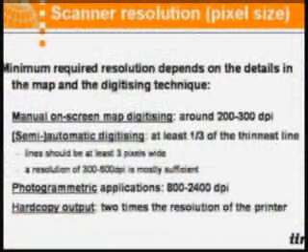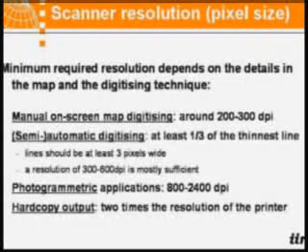This is another important thing when you say semi-automatic digitizing. When you want to convert the line automatically, you require at least 1/3 of the thinnest line, which means the line should be at least 3 pixels wide. Suppose I have a line like this and I want to vectorize that line. You have to scan that at 3 pixels. I'll show you.